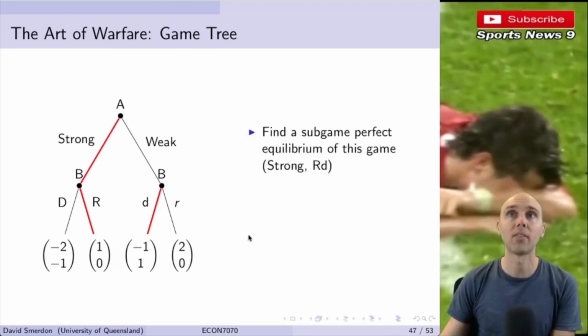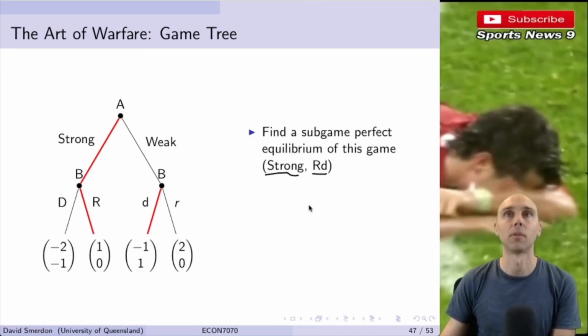We can write the subgame perfect equilibrium as strong for A and retreat or defend for B, depending on which decision node. Notice that this is the full subgame perfect equilibrium. The equilibrium outcome, on the other hand, is strong, retreat.